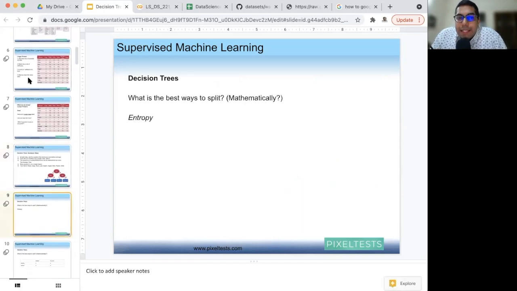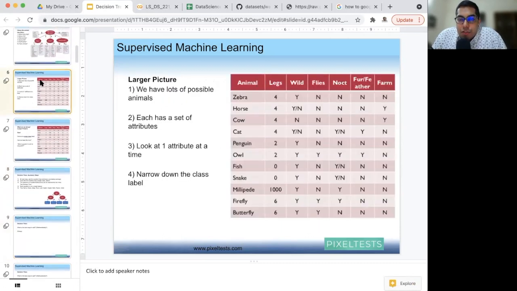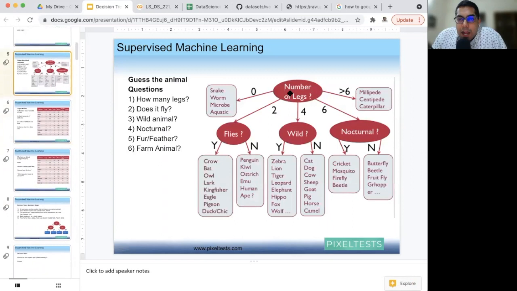So what is the best way to split mathematically? That is a question you should be asking, right? Meaning, how do I know number of legs was the best way to pick the top of the tree? First off, can I make a tree with flies? My first question would be, will the animal fly?